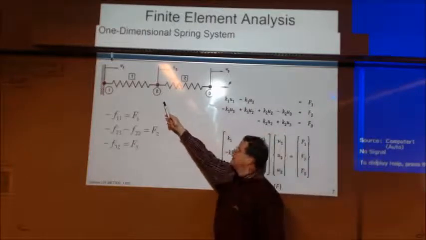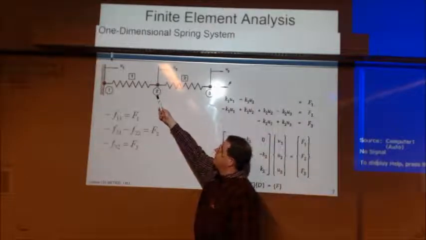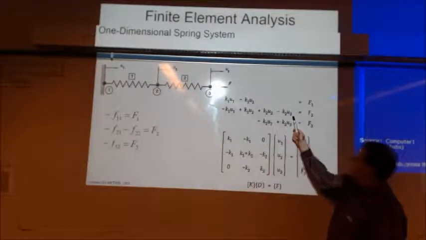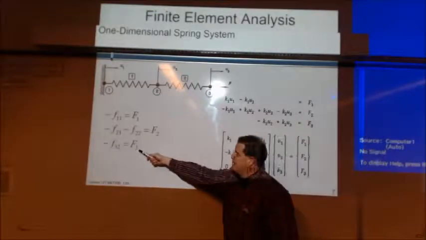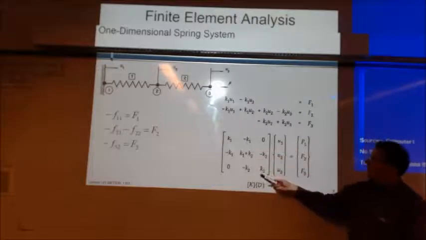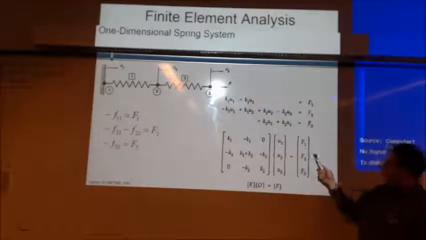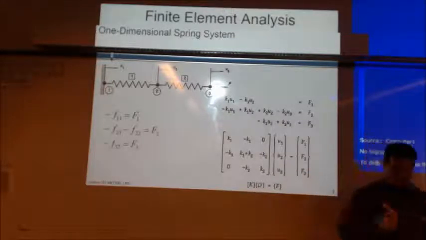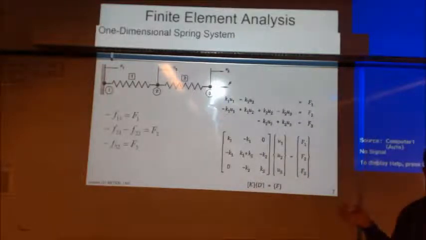At this node, we have the force from element 1 and the force from element 2, or the spring force, right? And for node 3, we just have this. So if we put our equations in matrix form, or even define it as general, this is what it's going to look like. Is that making sense so far?